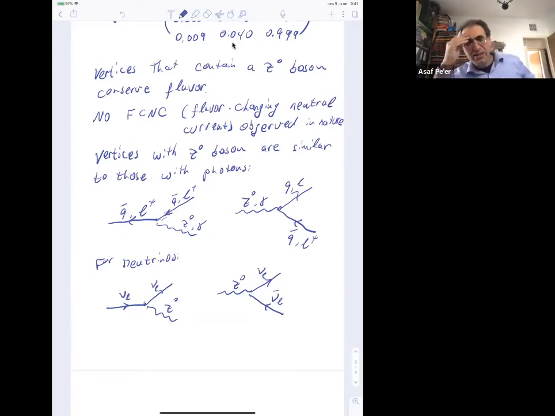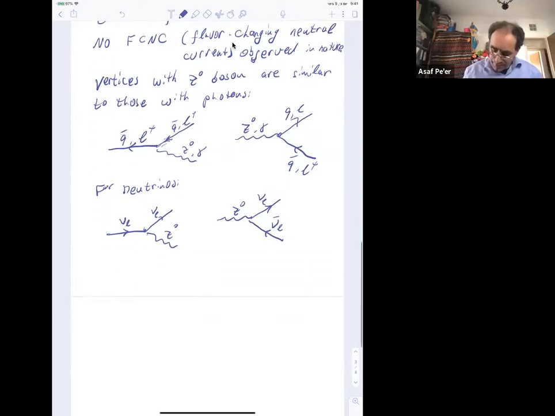Now I'll just mention, we haven't had time to do it. In quantum chromodynamics, gluons do carry the color charge, and that means that they can interact with each other. Similarly, in the weak interaction, the W plus minus and the Z carry the weak charge.